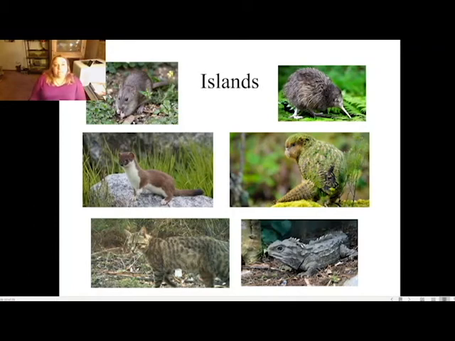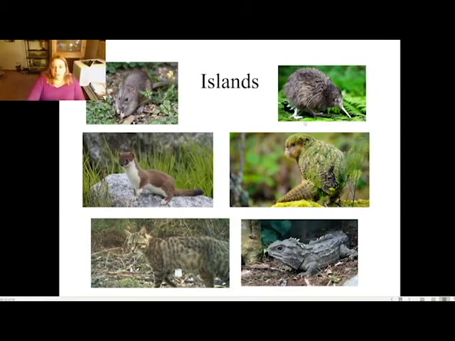Examples would be like the kakapo, this one right here, which is the largest parrot in the world, and it's a flightless parrot, and there's only 209 individuals left. And because they lay their eggs on the ground, and because they're relatively defenseless, they have had quite an issue with the introduced animals killing their young.